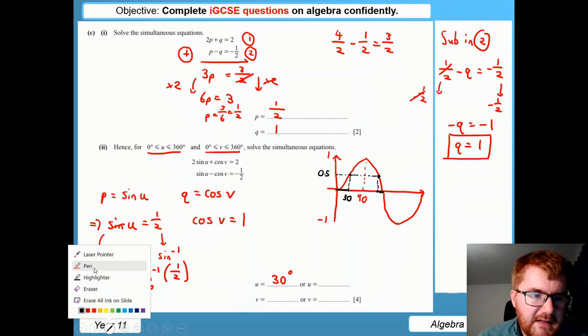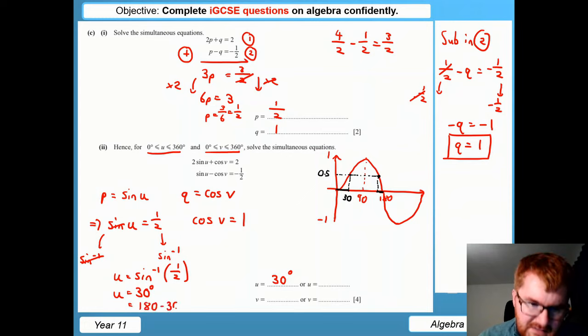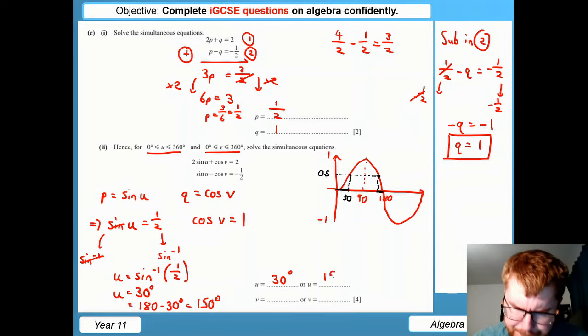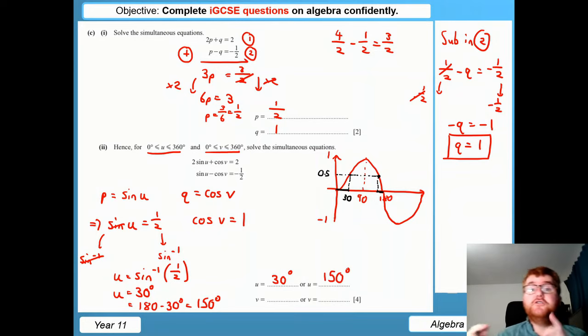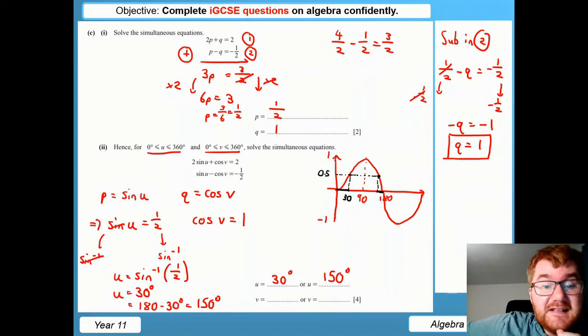Notice that middle point there is equal to 180. So we also need to get the other answer, do 180 minus 30, which again gives us 150 degrees. Again, I really do encourage you, if you go back a couple of minutes, to check out that video I just mentioned, because this makes a lot more sense once you've seen that video.